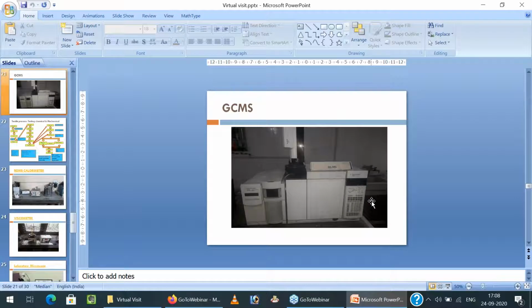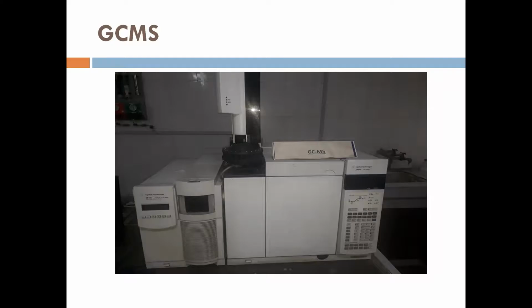Now we have GCMS, gas chromatograph with mass spectrometer. Now this is a machine which measures the ecological parameters. Actually, certain dyes, when you wear a cloth, and if your cloth has some dye on the printed or dyed area, and if that dye subsequently releases amines, which may be carcinogenic or allergic.